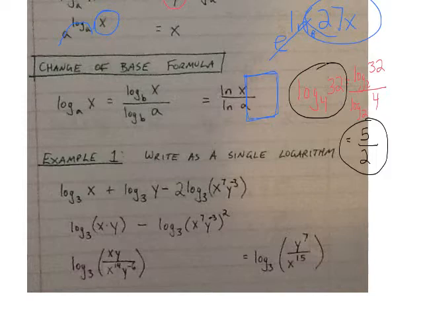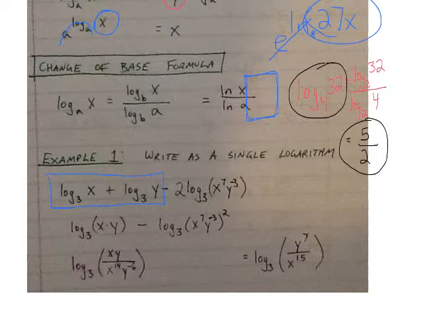Okay, so let's work through example 1, which says write as a single logarithm, and we have an expression here which consists of 3 logarithms. And we notice that they all have the same base of 3. So what I'm going to do is take the first two and combine them using my addition property.